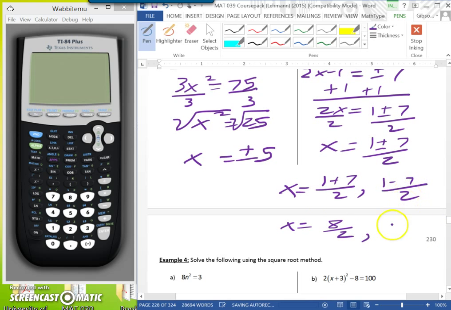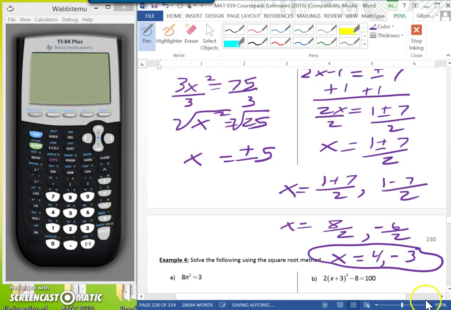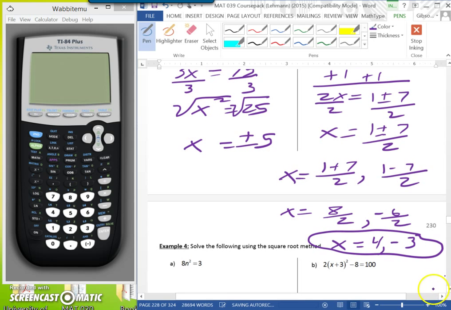And 1 minus 7 will give us negative 6 over 2. So our final answer would be x is 4 and also negative 3. That would be our final answer for that problem. It's a little lengthy, but we can handle it.